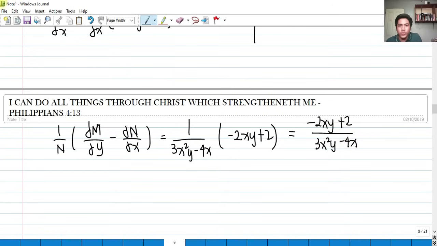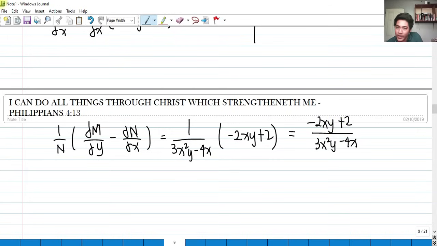Can we reduce this into a single variable, f of x? Can we eliminate y here? I don't think this would be a problem if we get the integrating factor.